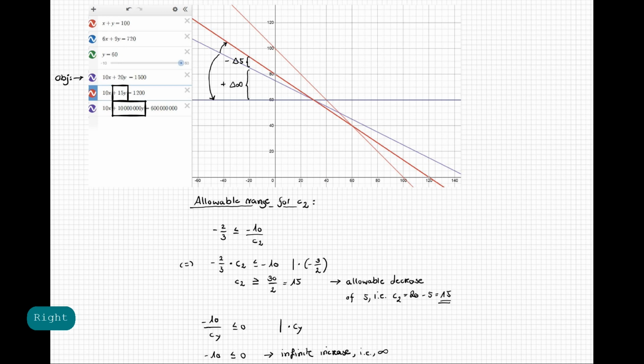Here we take it in 2 steps because we have the coefficient in the denominator. First we use some algebra once again to calculate the allowable decrease of our coefficient, which is given here by 15. So we can decrease our coefficient C2 to the value of 15.